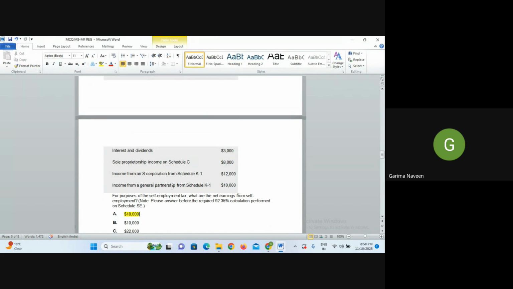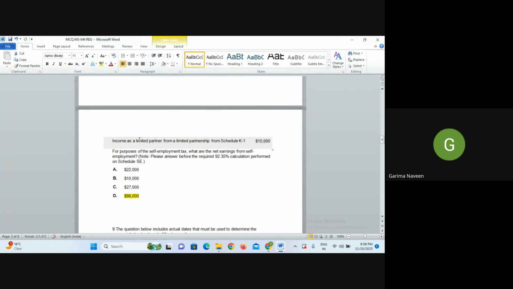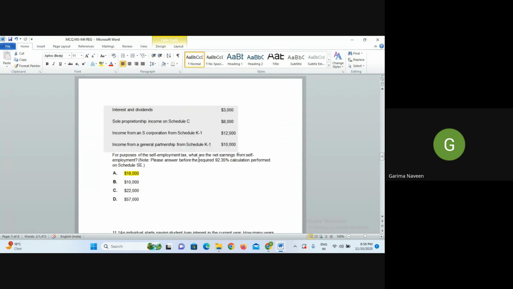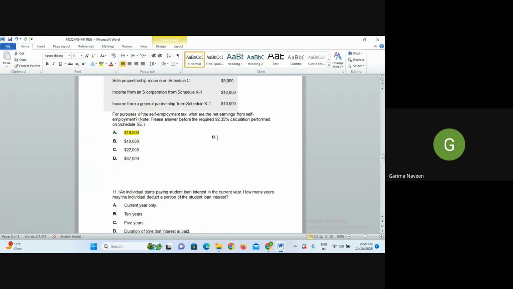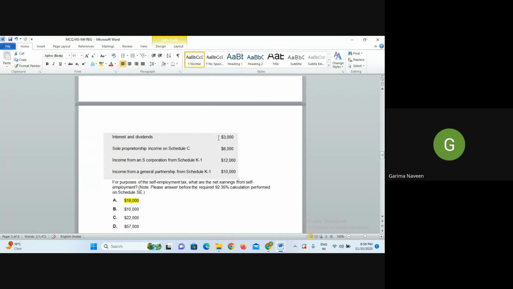The previous question was the same, but the only difference was you were a limited partner in that question. If you are a limited partner, you need not pay taxes. But if you are a general partner, then you have to pay the self employment taxes. Okay. Any doubt in this question?